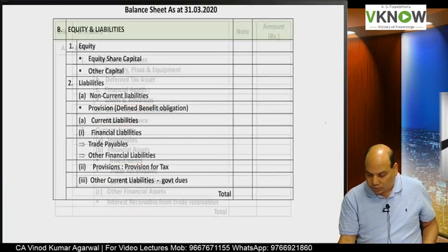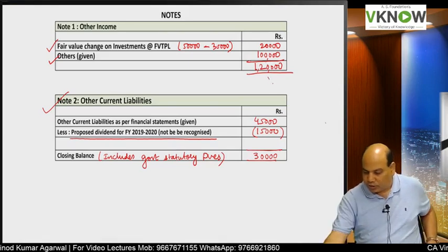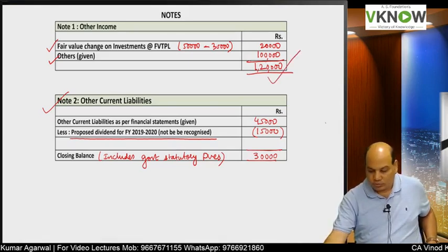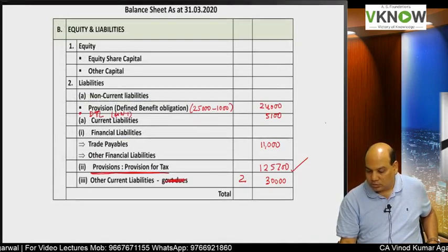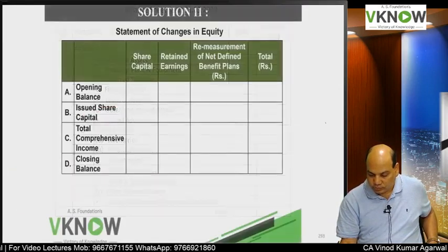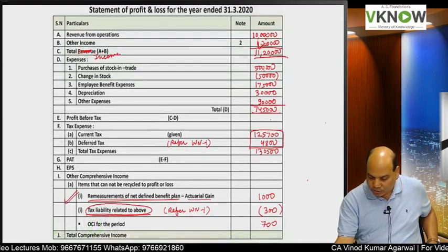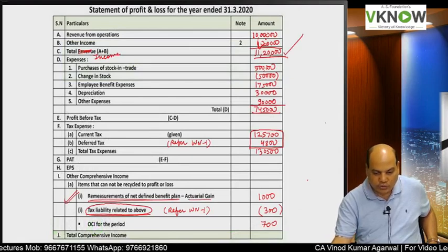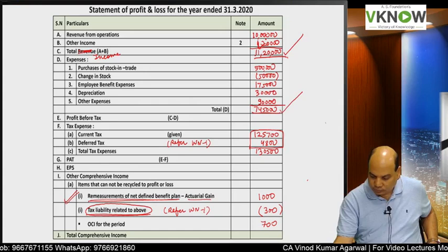So what I should do, first I will check whether all notes are complete. 120 we have transferred to P&L account. 30 we have transferred to balance sheet. So we'll go to PAT. First we'll find PAT. Before that PBT. 11,20,000 minus 7,45,000 is 3,75,000.